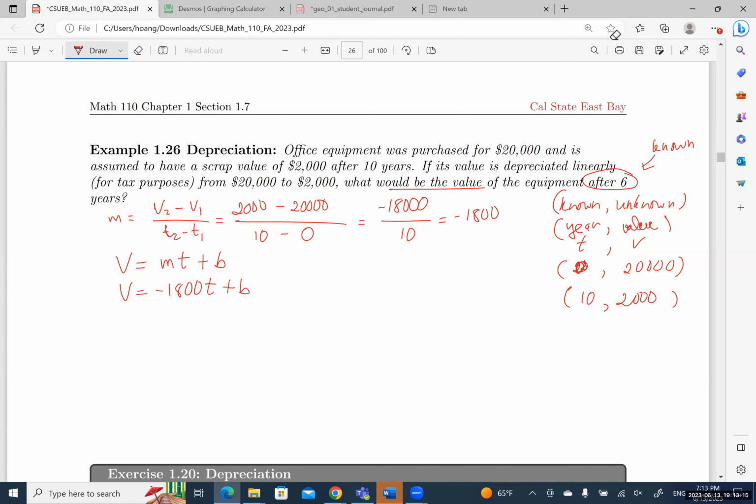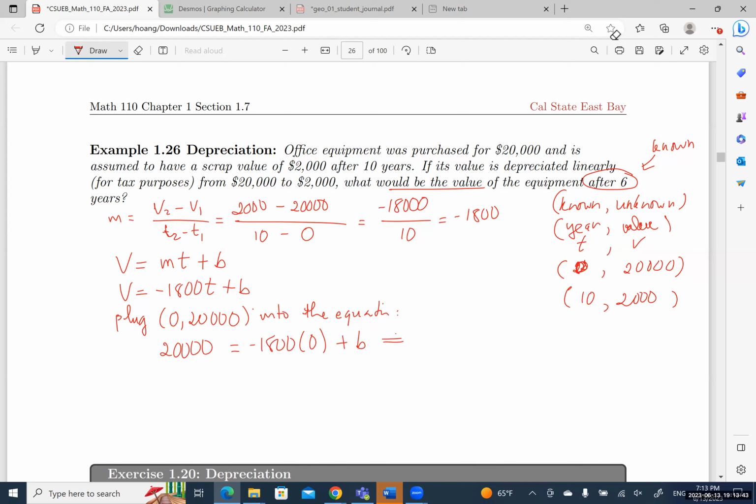I plug a point into it, and I'm going to choose the easiest one, 20,000. So 20,000 equals negative 1800 times 0 plus b.